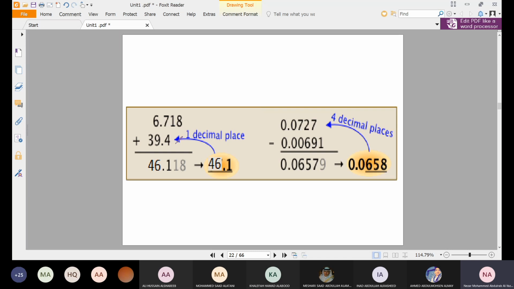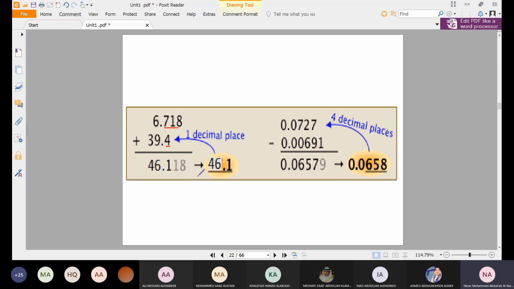Okay, so here for example we have these examples. I have this number containing 3 decimal places. You can see this is 3 decimal places here, and the second number has only a single decimal place. So the result is equal to 46.118.